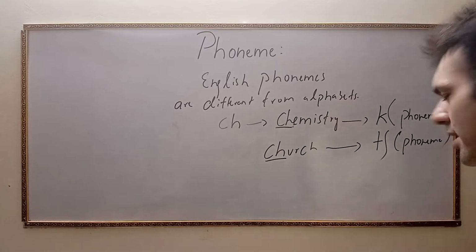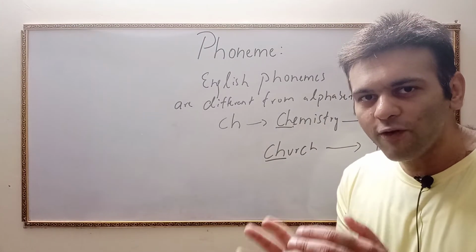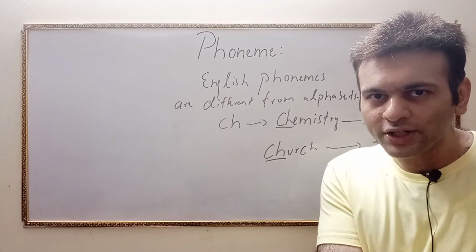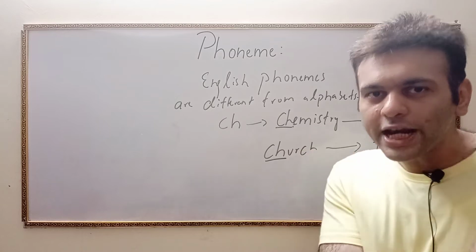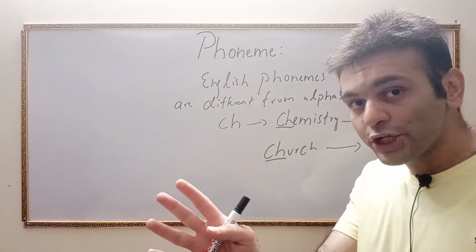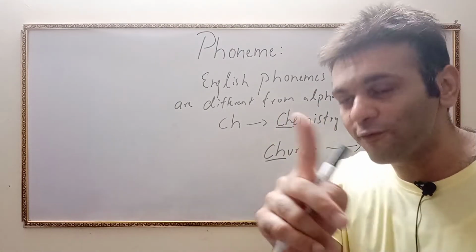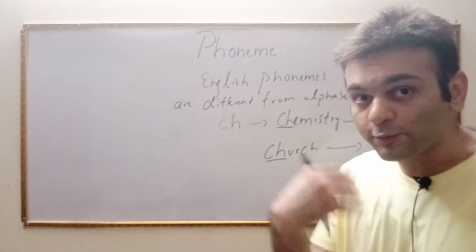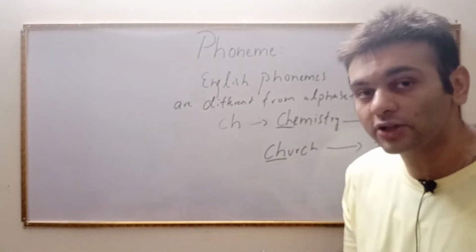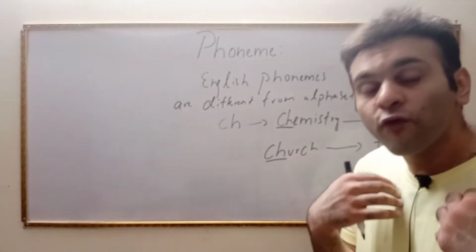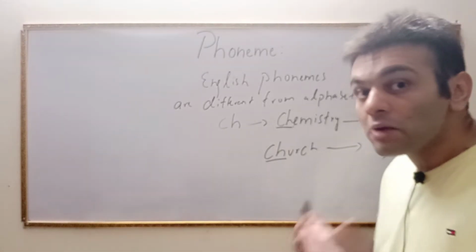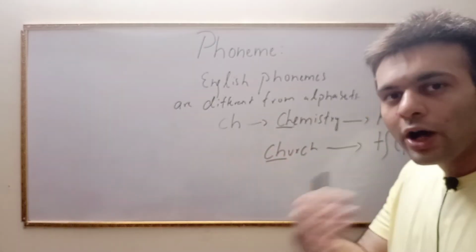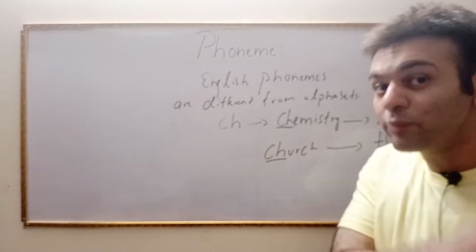So you can see how the alphabets and their sequence do not have any corresponding relationship with their respective phonemes. And that's the problem where people like us, foreign learners of English, fail to understand how alphabets represent a completely different sound.